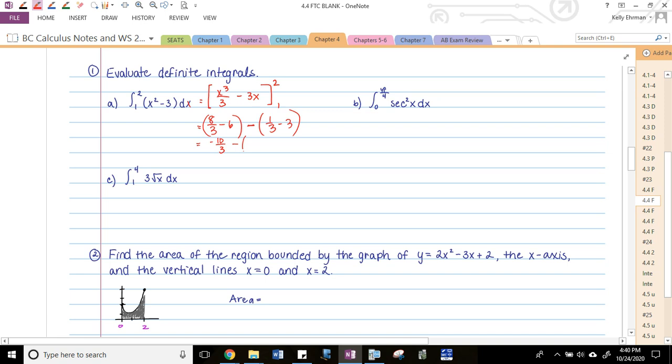And then minus 1/3 minus 9 thirds is negative 8 thirds. So plus 8 thirds. And so we get negative 2 thirds for our area. This still represents the net area under the curve of x squared minus 3 from 1 to 2. You could sketch that graph and kind of verify whether or not it should be negative.